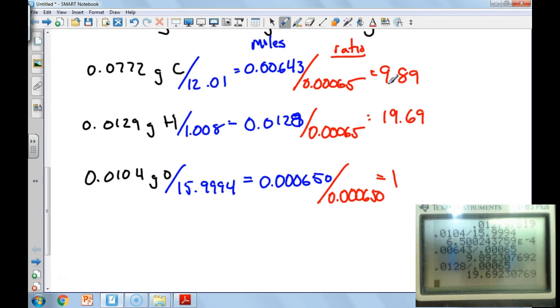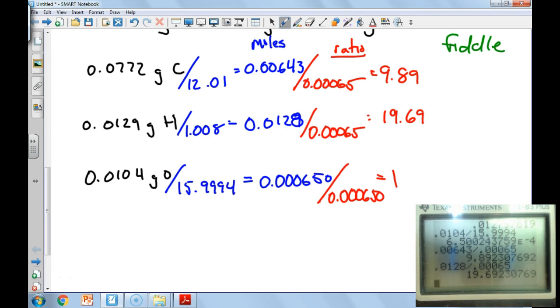Now the funny thing about this ratio is that when we go to the last step, which is your fiddle step to make them whole numbers, it just seems weird.